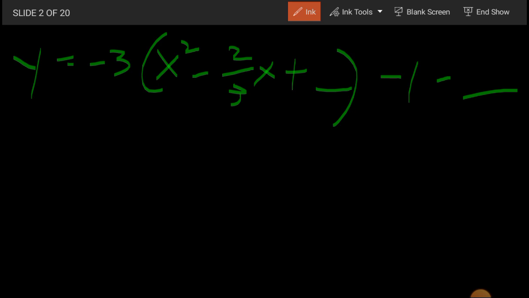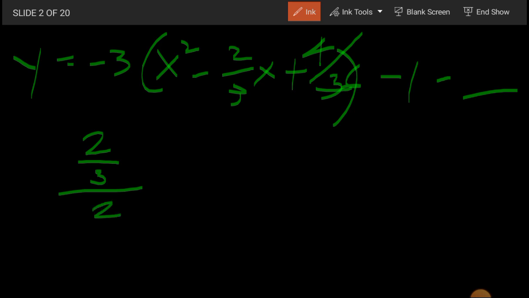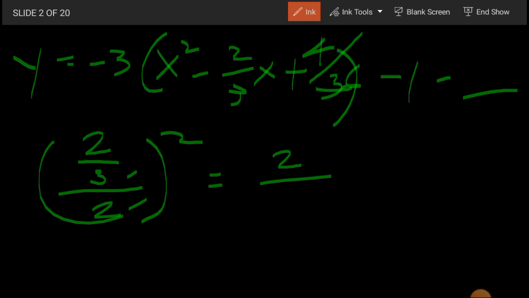So, magiging 4 over 36. Bakit 4 over 36? Dahil 2/3, so b over 2 quantity squared, magiging 2 over, we multiply 3 times 2, so magiging 6 siya, then quantity squared, so that's 4 over 36.